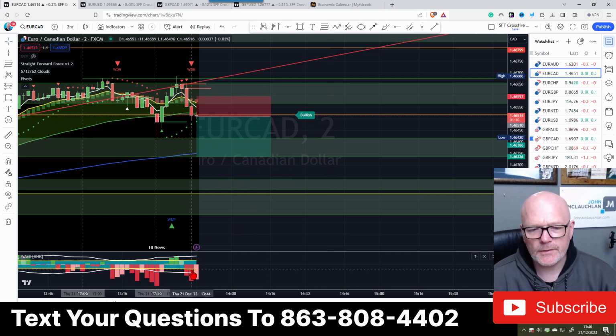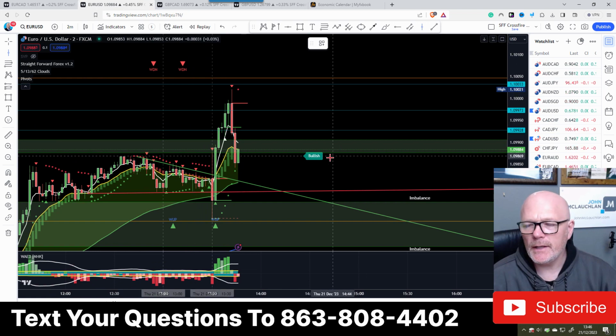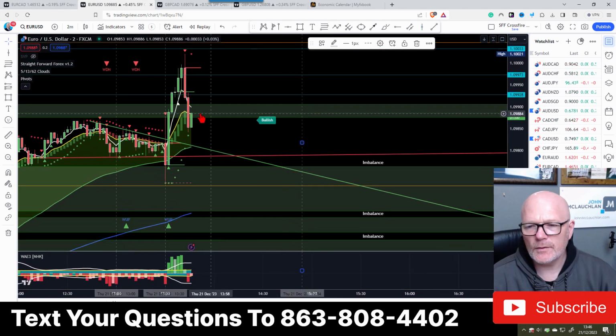We've got red on the histogram, so just wait and see what's going to happen. Euro USD. We just looked at that one, haven't we? Still messing around on this area of imbalance, offering resistance to the move to the upside.